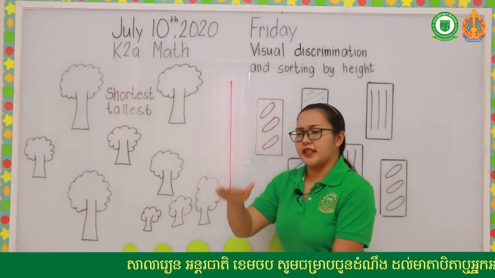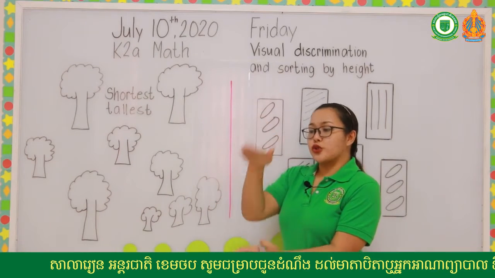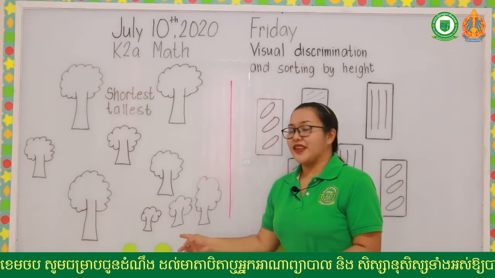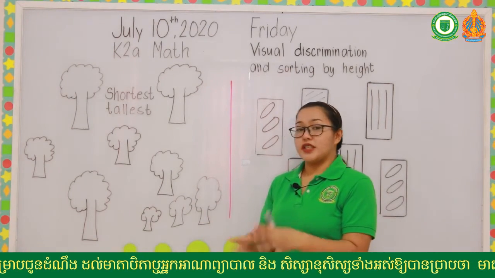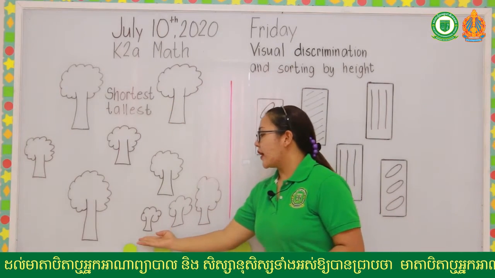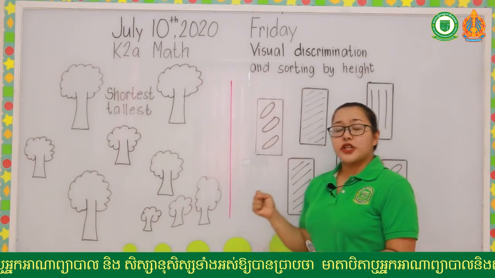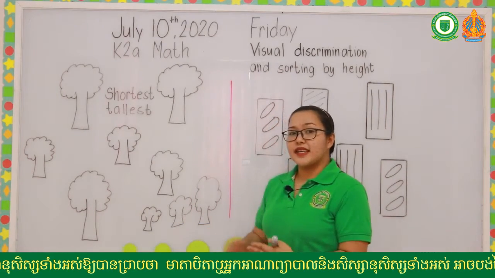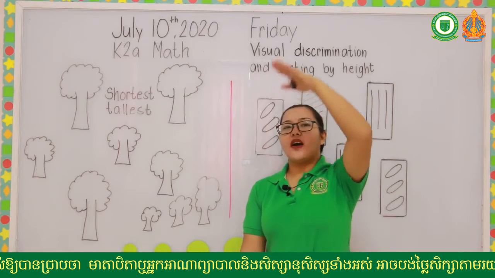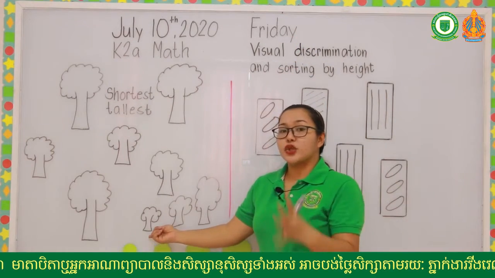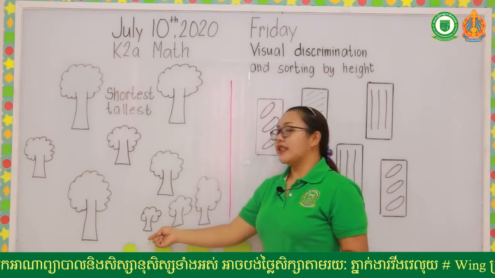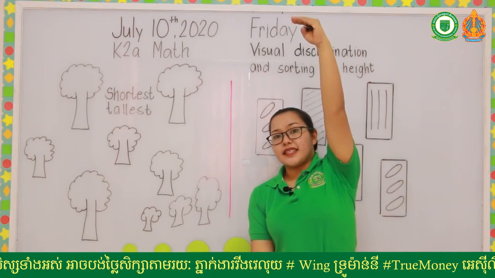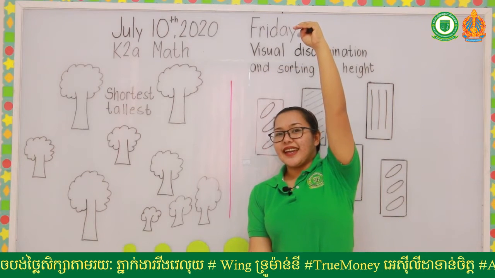This is the shortest. This one in the middle, we can just say medium, but we will not have that. We will just learn shortest and tallest. So in these 3 pictures of trees, this is the shortest and this one is the tallest.